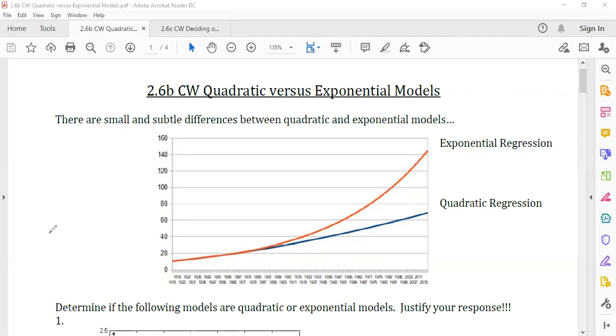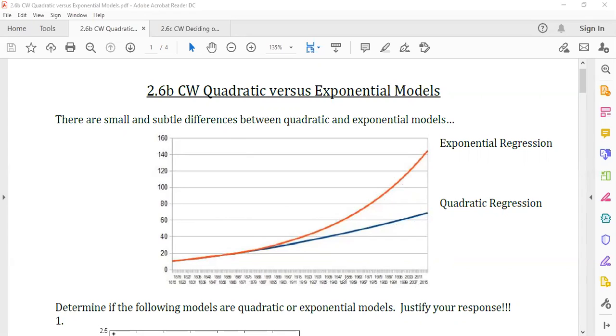Okay, good, Lumeria. Exponential is growing faster. Right over here, we can see that. And quadratic almost looks like a line here, but there's a reason for that. This is really zoomed in.